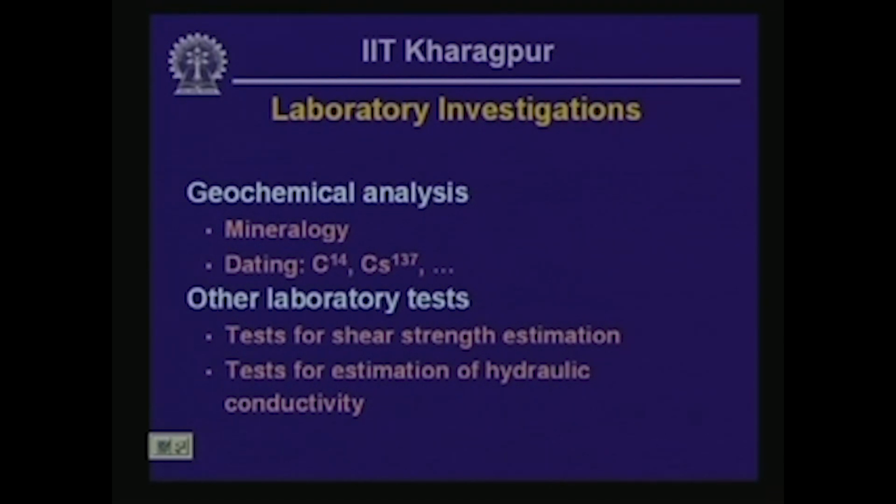So geologic mapping essentially will include identifying the mineralogy of a geologic unit and dating to understand the age of a particular unit. Now, we have more or less gone through the skeletal details of the different activities that need to be undertaken before we can hope to put together a geologic map.